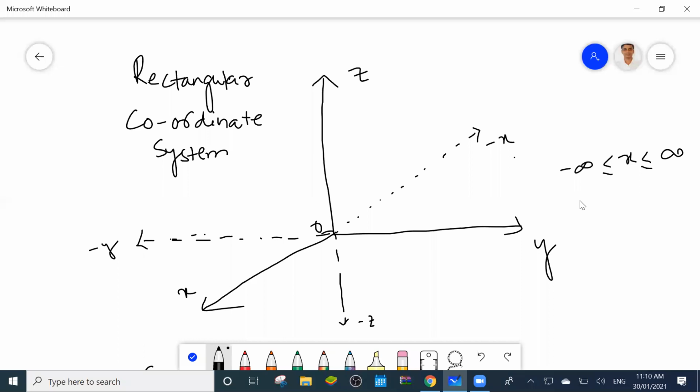Okay. Similarly, y also lies between minus infinity to infinity. Z also lies from minus infinity to infinity. So you keep this in your mind.